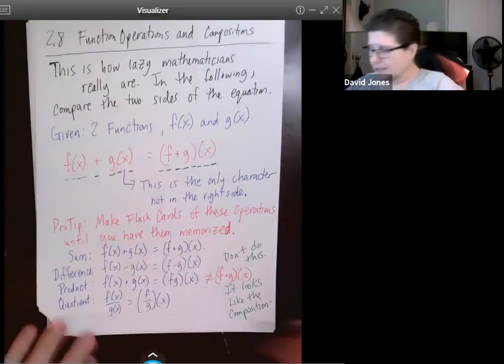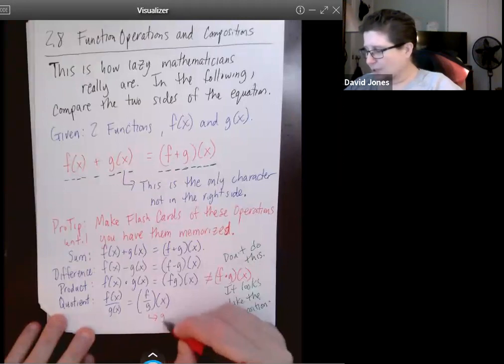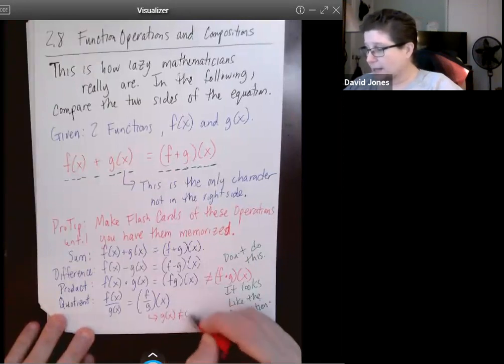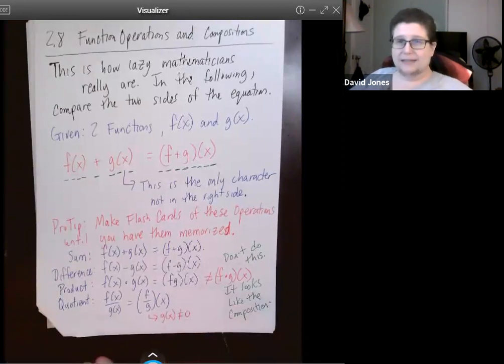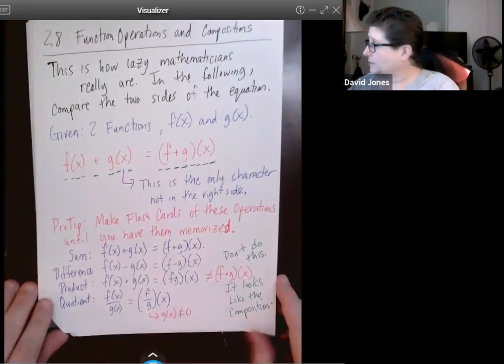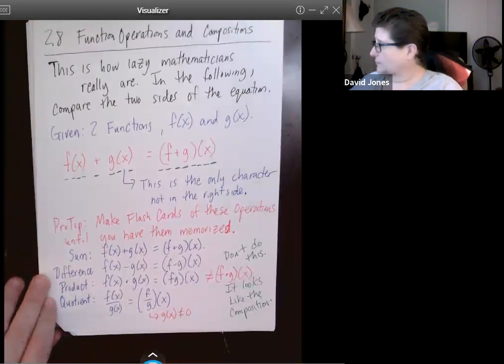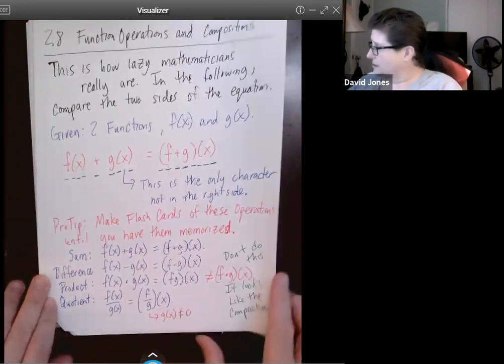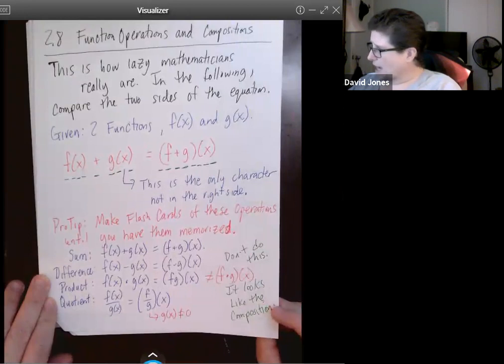And of course, on this one, g of x cannot equal 0, obviously, because we can't divide by 0. All right? And let's just get started.